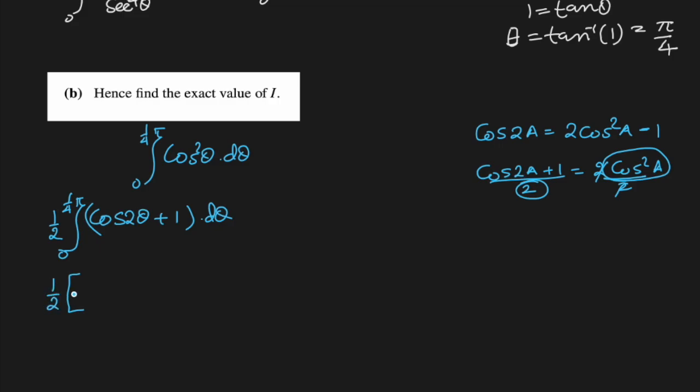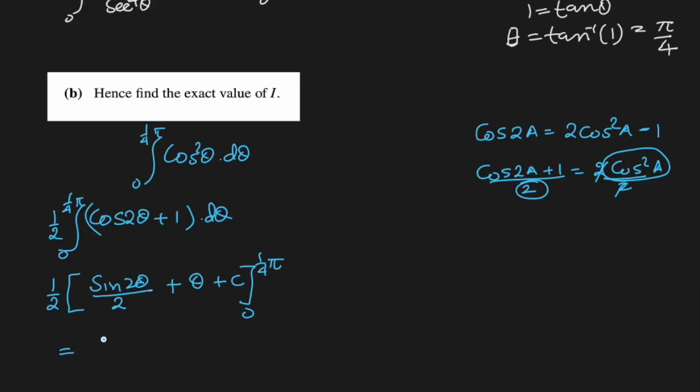The integration of cos 2 theta is sine 2 theta divided by the differentiation of the angle, which is 2, plus the integration of 1, which is theta. Then we write plus c, from 0 to 1/4 pi.